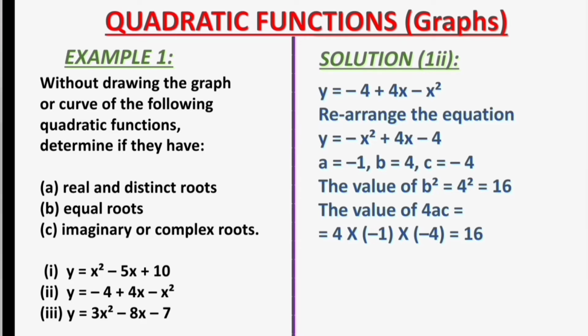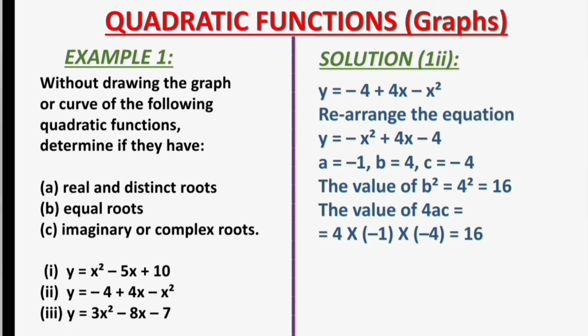Once again, we need to know the values of b squared and the value of 4ac. The value of b squared, which is 4 squared, is 16. The value of 4ac, which is 4 times minus 1 times minus 4, is also 16.